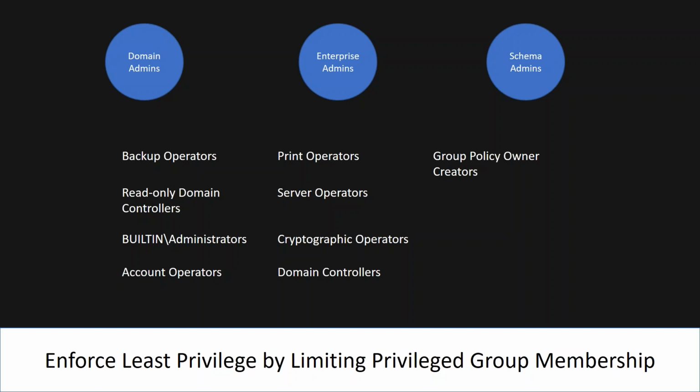But I recommend that you don't use the print operators group for the purposes of giving access to manage print servers. But if you must use that group, for instance, print operators, then you should make sure you remove any rights that that group has on your domain controllers. But preferably just use another group and avoid using and populating these privileged groups in Active Directory.